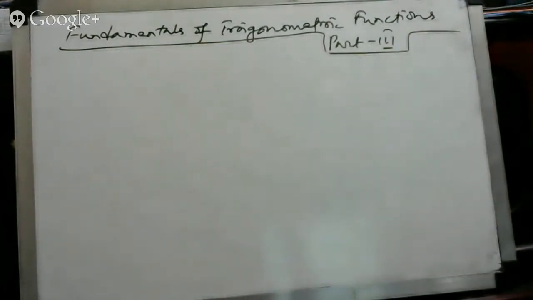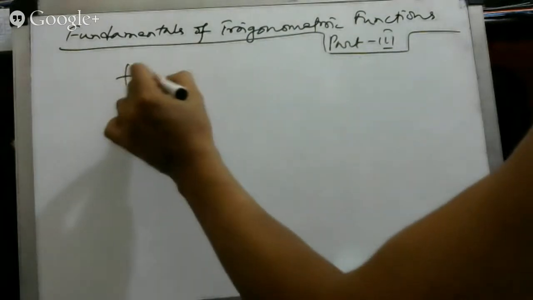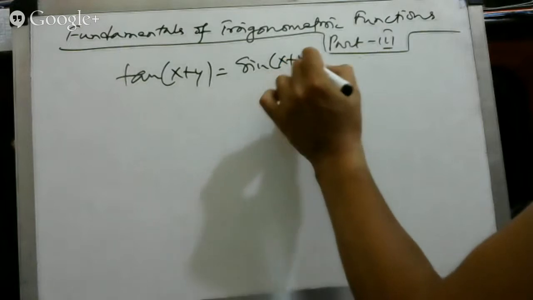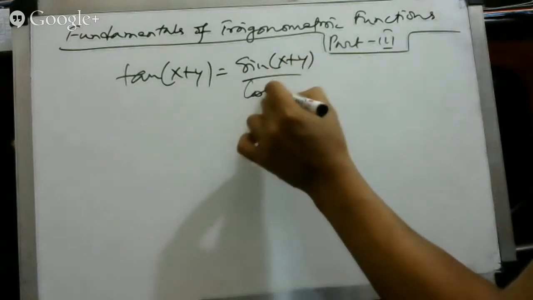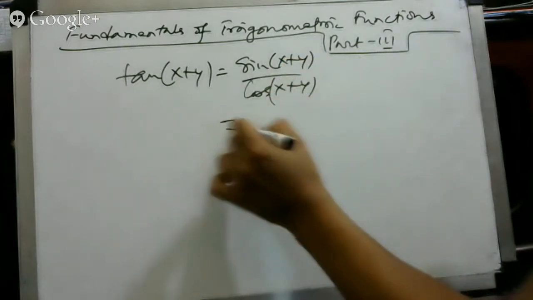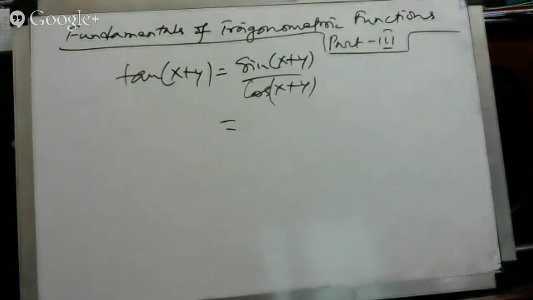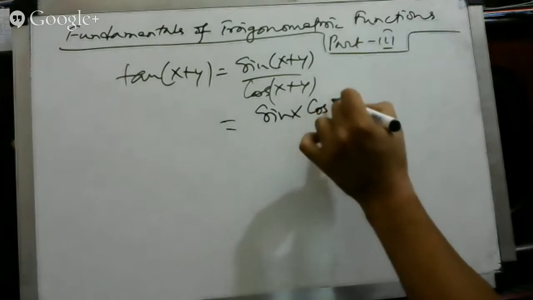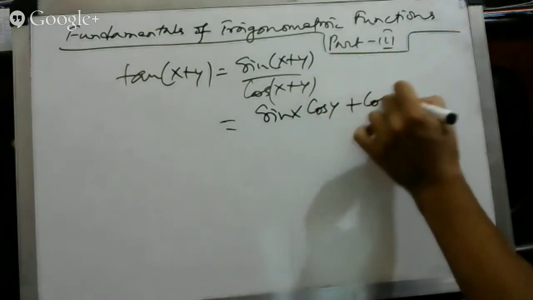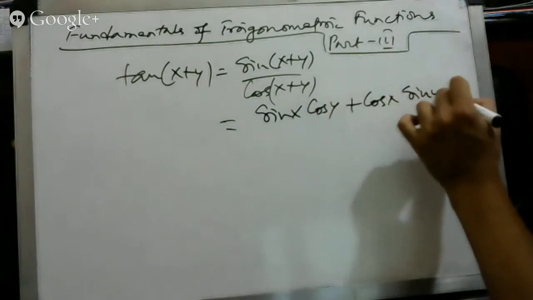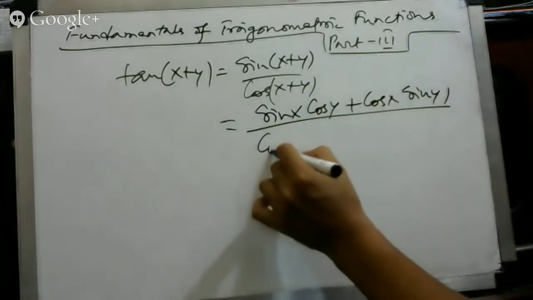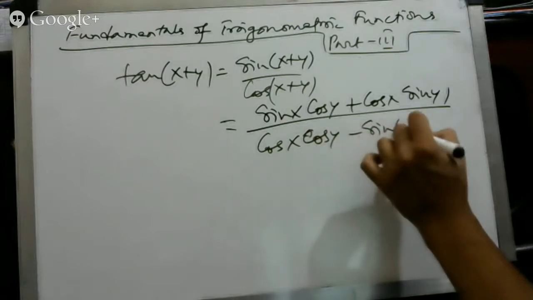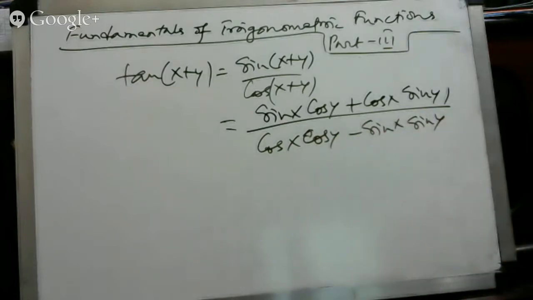Let's start with the first one, which is tan of x plus y, which is equal to sine of x plus y divided by cos of x plus y, which we can further write as sin x cos y plus cos x sin y, and in the bottom we can write cos x cos y minus sin x sin y, right?